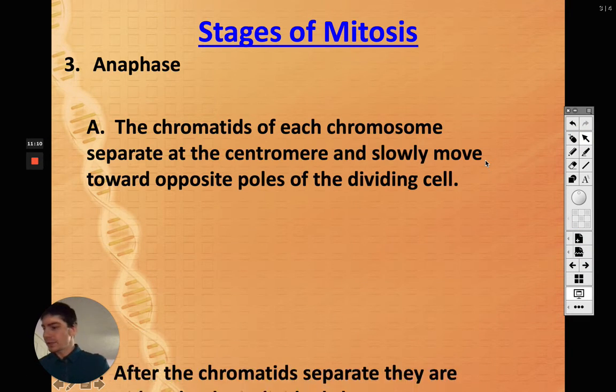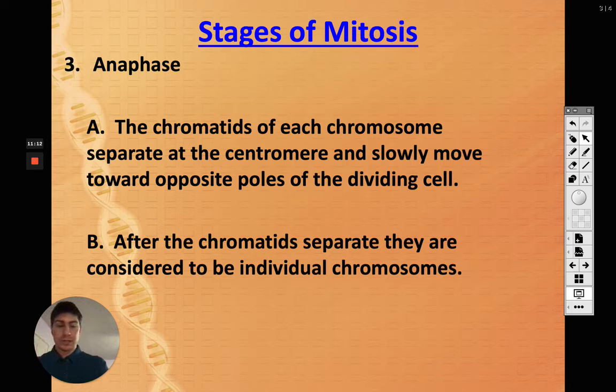Okay, so the next one is going to be anaphase. Now, what's going to happen during anaphase is we are going to make sure that all of our microtubules are attached to all of our chromosomes in the middle. Okay, once we get the go ahead that, hey guys, we're all attached, we're ready to go, give me the green light, what's going to happen is those centrioles on the side, they are going to act like a fishing pole.